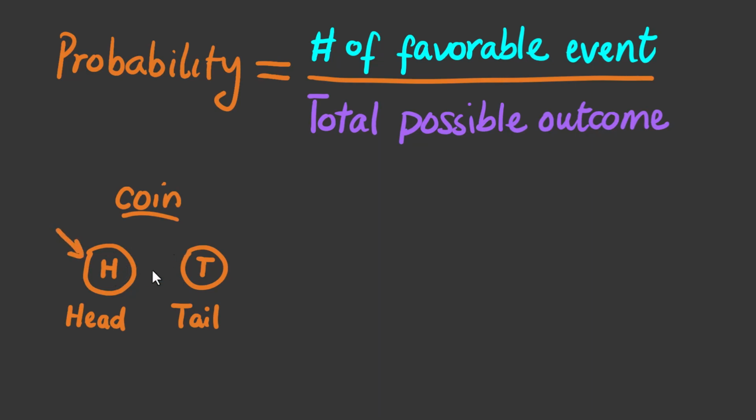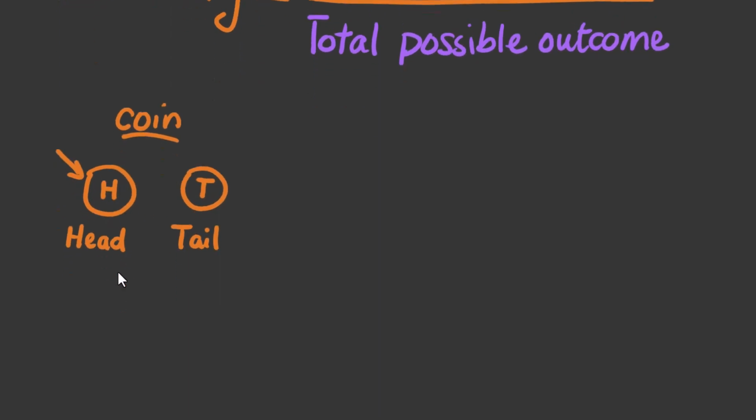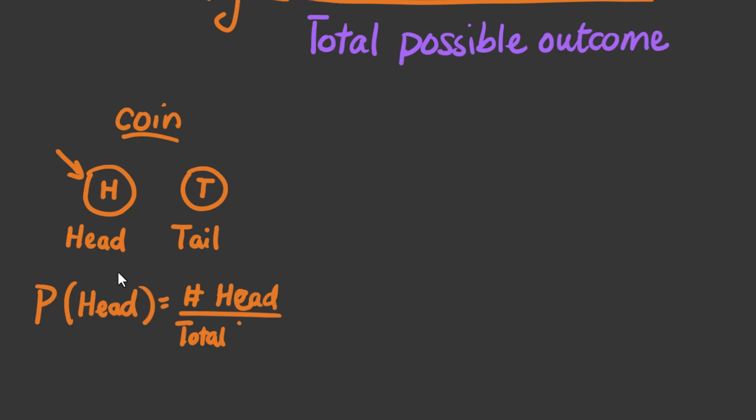The probability of getting a head is the number of favorable heads on a coin divided by the total possible outcomes, which are heads and tails.